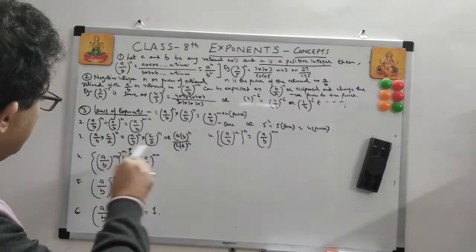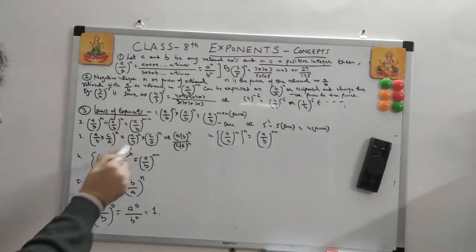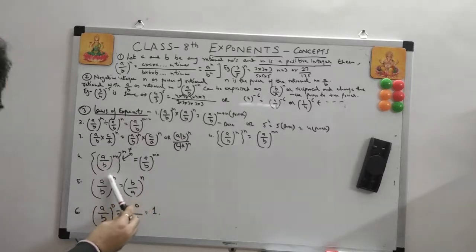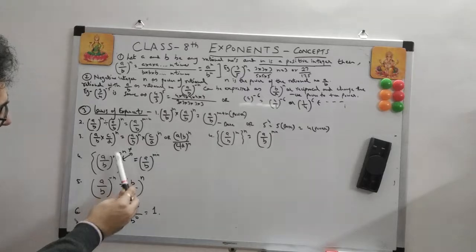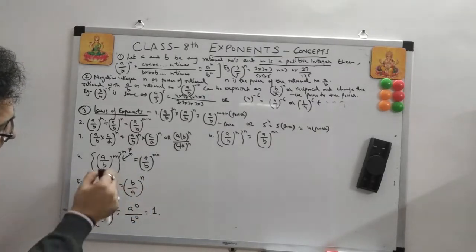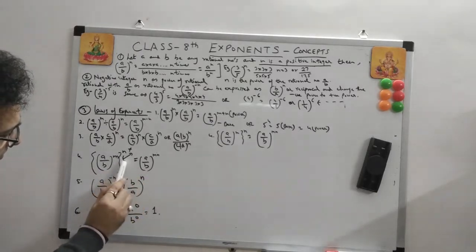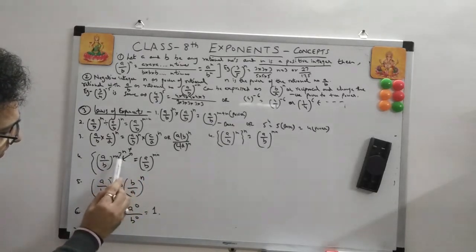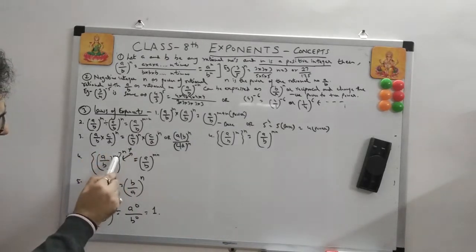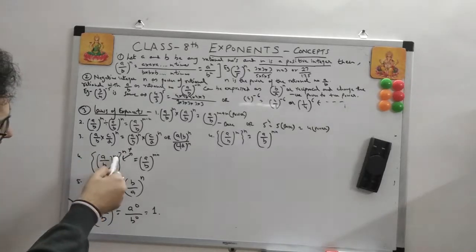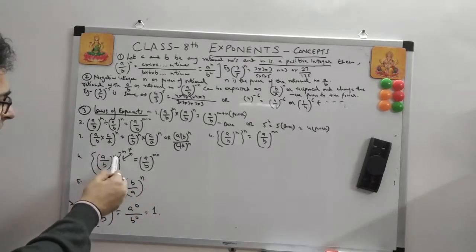So now we go further. ((a/b)^m)^n. Whenever you see this kind of representation, where there is m and there is another power n on top of m, always remember it is not horizontal, it is a 45-degree kind of representation, so I've just made an arrow. a upon b has a power m, and m is having a power n.